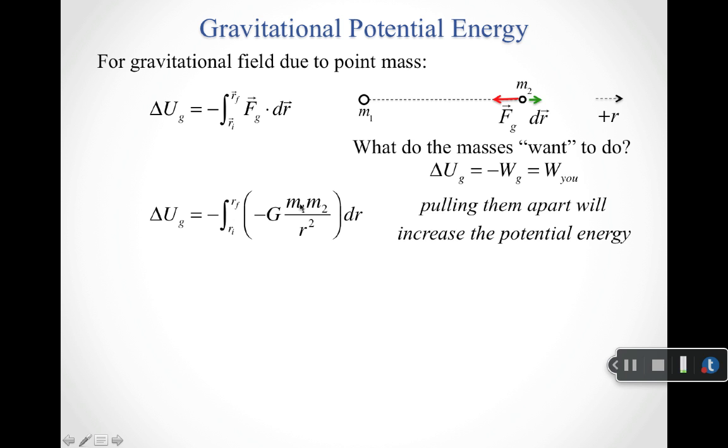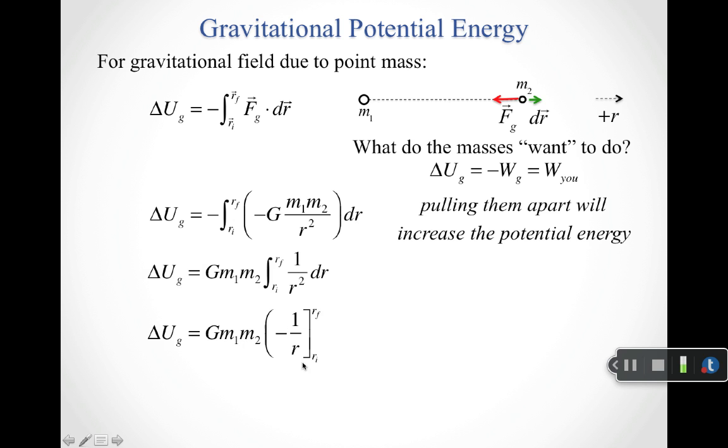G is a constant, m1 and m2 are constants, and so all I'm left with is this integral from some initial position to some final radial position, and then I've got 1 over r squared dr. And when I do that integral, I know that's going to give me negative 1 over r that I need to evaluate at my two endpoints.